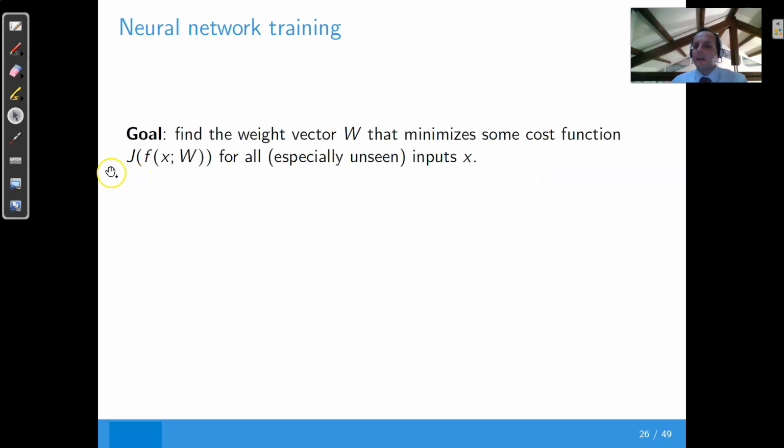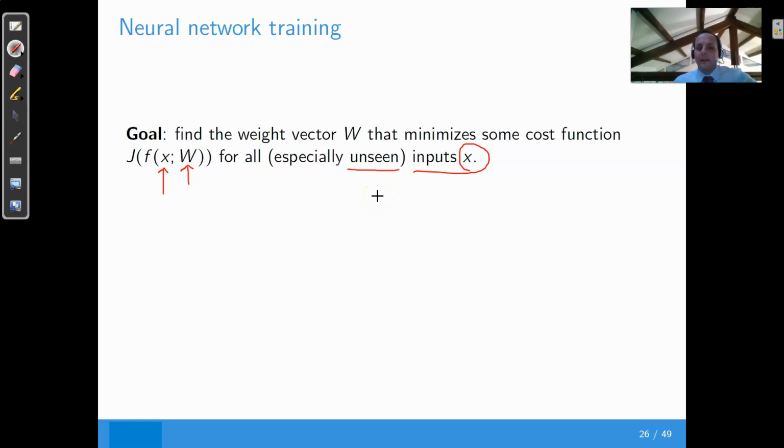Normally it is defined as a function J, which is not really a function but an operator, because it applies to a function which depends, as you notice, on the inputs X and the weights. So for all the inputs X, especially unseen.